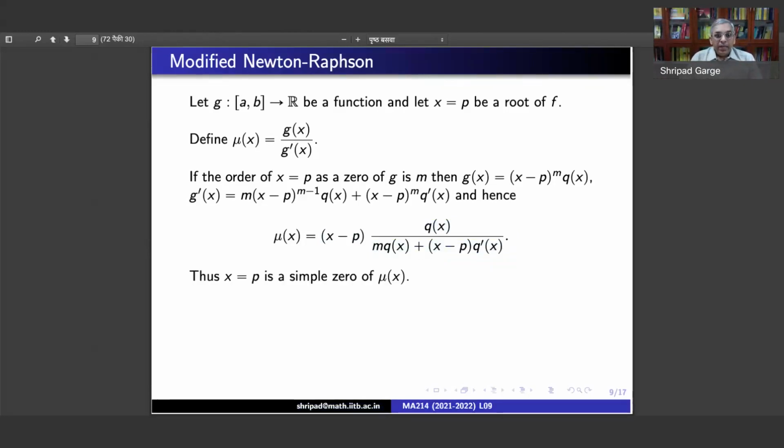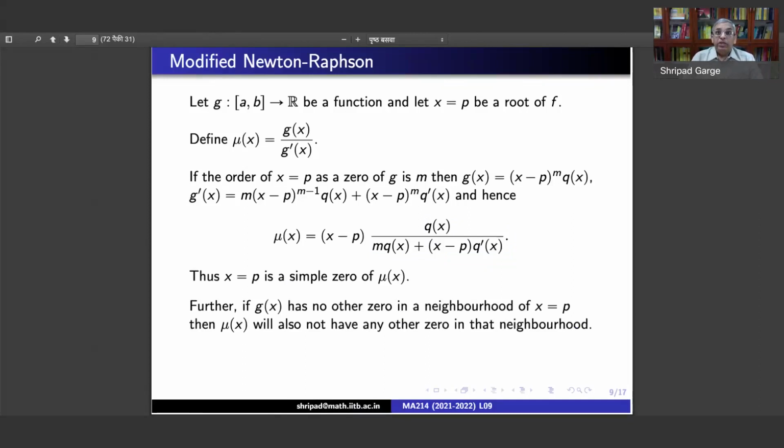Okay, and moreover, when you have that q is not 0 at p, remember we have written g(x) equal to (x - p)^m into q(x), and q is not 0 at p. We will of course assume all the nice conditions for our functions g and q and so on. So we will assume that q is continuous.